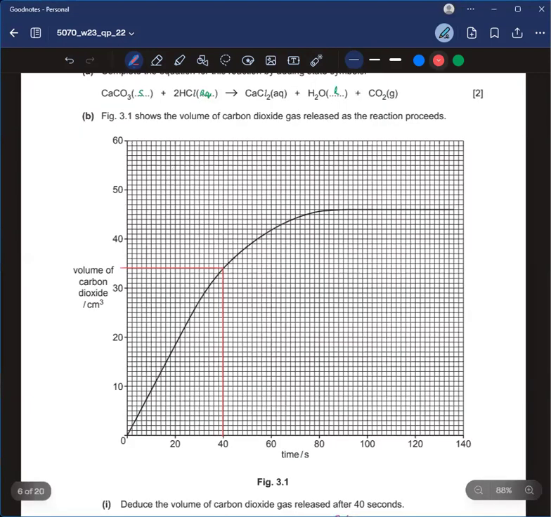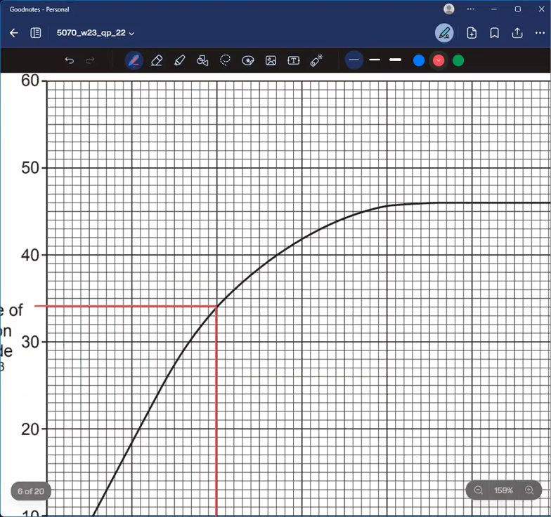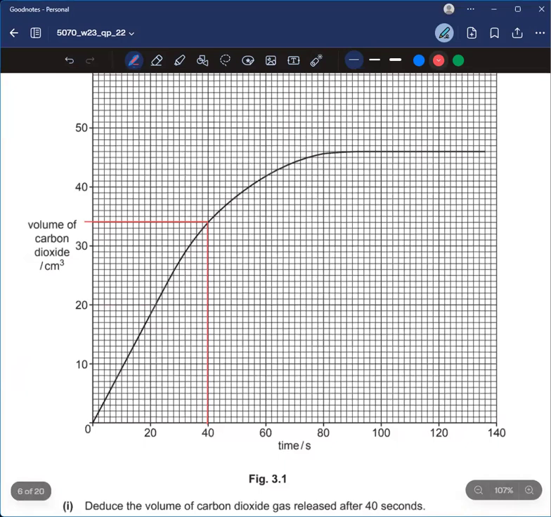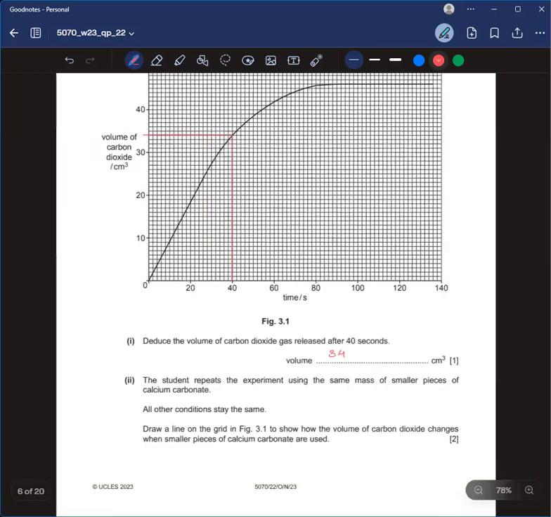So basically, the amount of calcium carbonate is the same, which means the amount of carbon dioxide would be the same. But as it is in smaller pieces, due to a larger surface area, the rate of reaction would increase. Okay, so let me draw a graph for that.